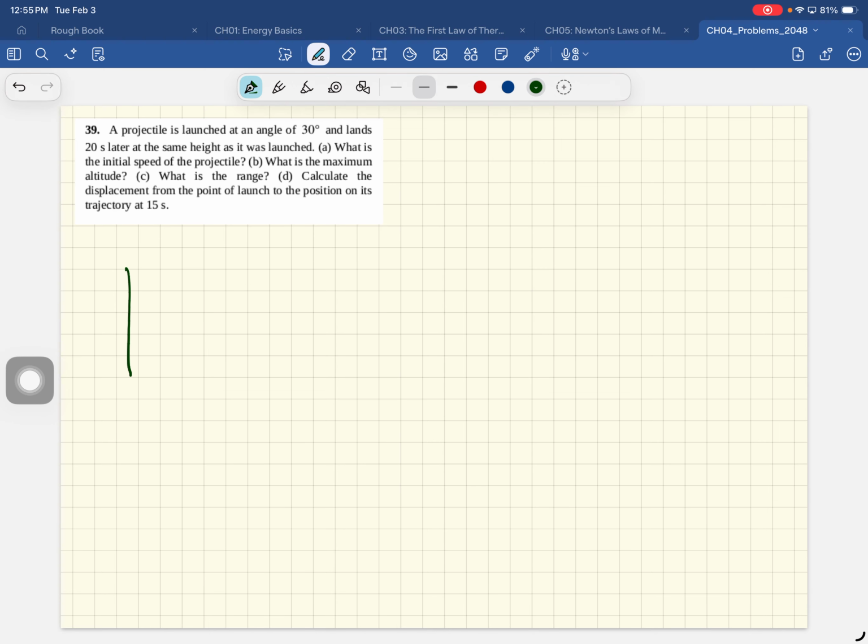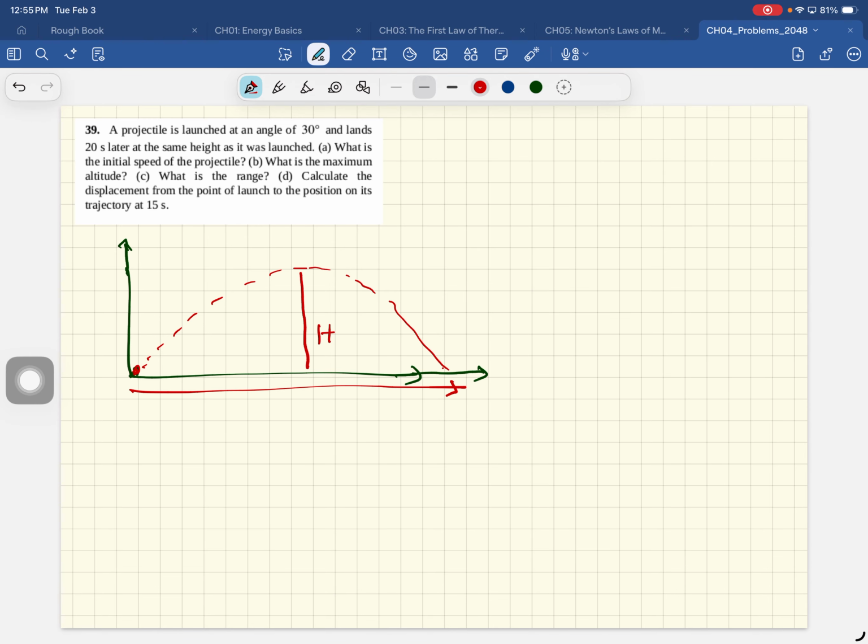So actually, let me, so here is the projectile motion. This is the height. This is the range. Okay, again, a is 0i minus gj.